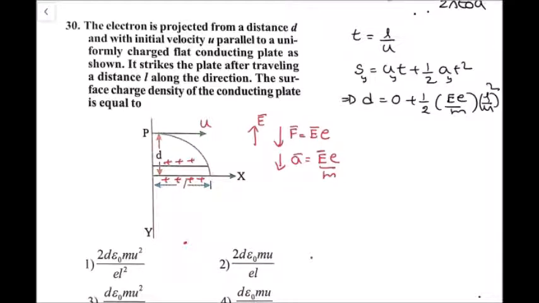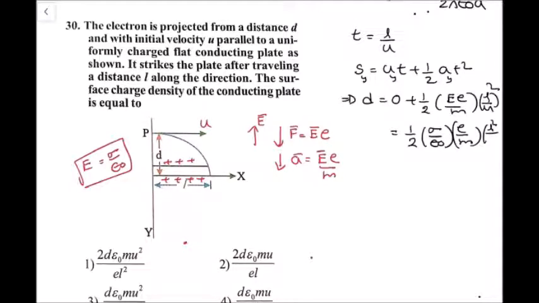And we know the formula for the intensity of electric field due to a conducting plate, that is E = sigma by epsilon naught. So in the place of E, I am going to substitute sigma by epsilon naught, e by m into L by u whole square, nothing but L square by u square.